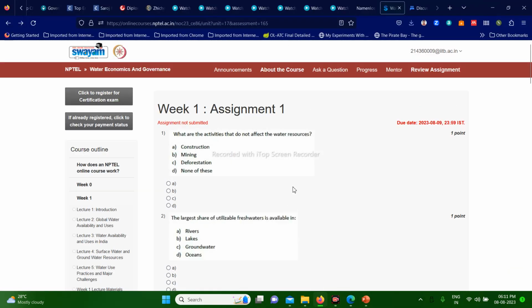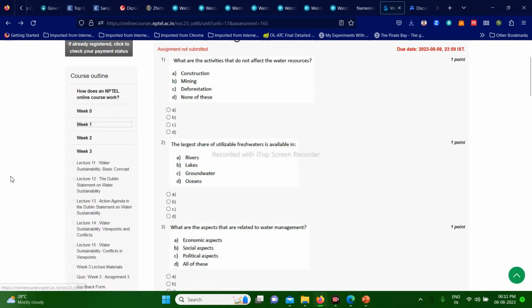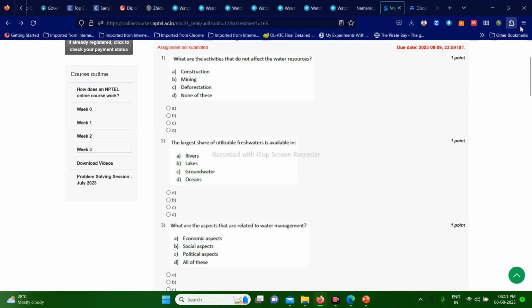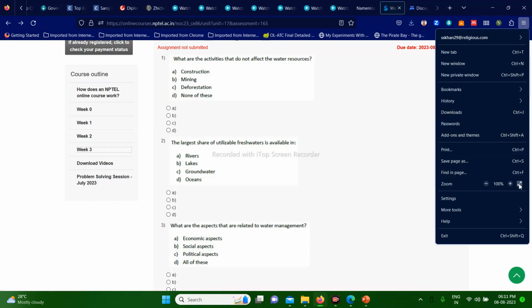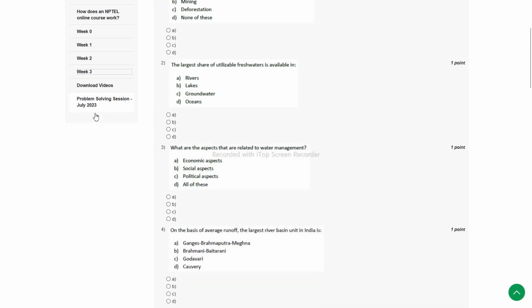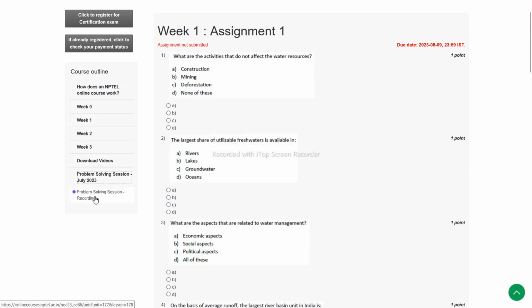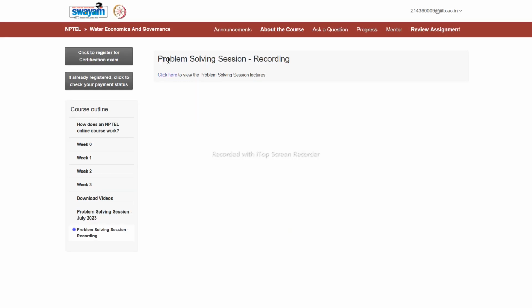I believe the course, as you see in your portal, looks something like this. At the left bottom, you will see the problem solving session, July 2023. You can click on it and then you will see a problem solving session recording.